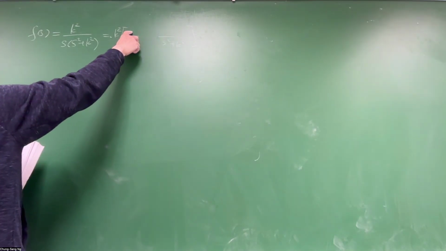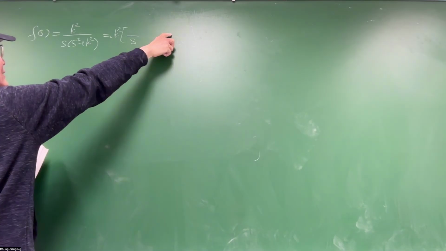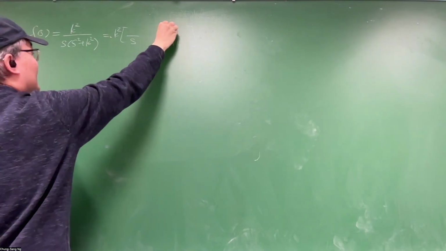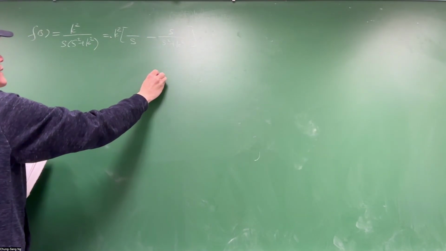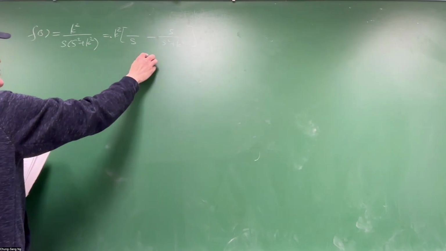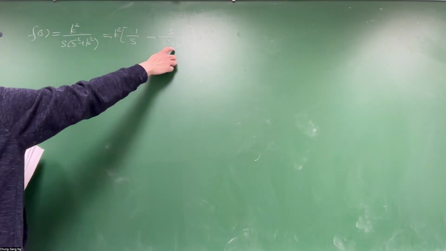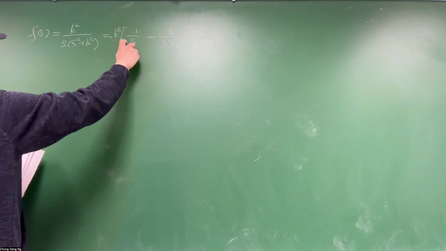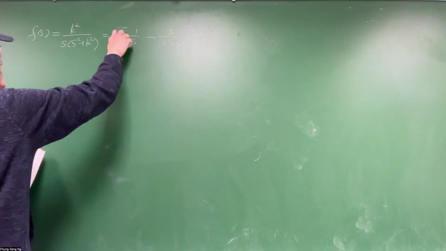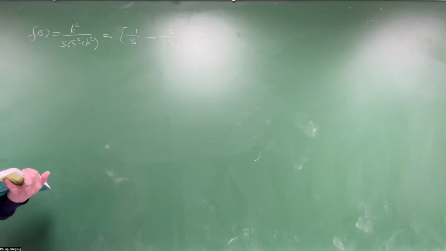You want to get rid of the s squared, so you get another s and subtract that. That should do it: s squared plus k squared minus s squared becomes k squared. This one is simple enough to do that way. Otherwise, you just write the unknown coefficients and solve for them.